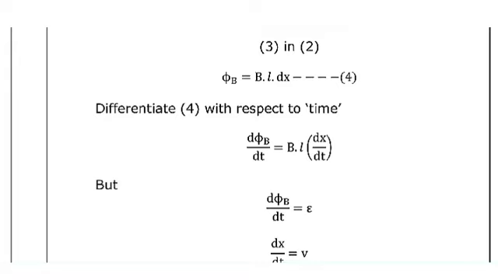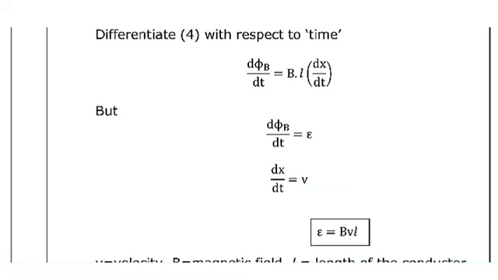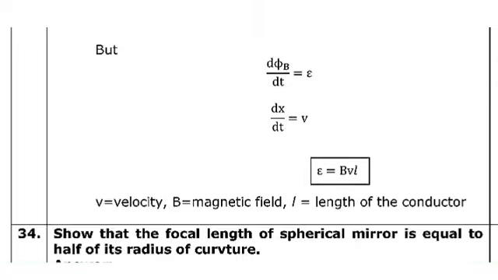Here we know that dx by dt is nothing but velocity, and d phi B by dt is E. So I will substitute in place of d phi B by dt as E and dx by dt as v. So we can write E is equal to BL as it is into v. E is equal to BvL. V is the velocity, B is the magnetic field, and L is the length of the conductor.